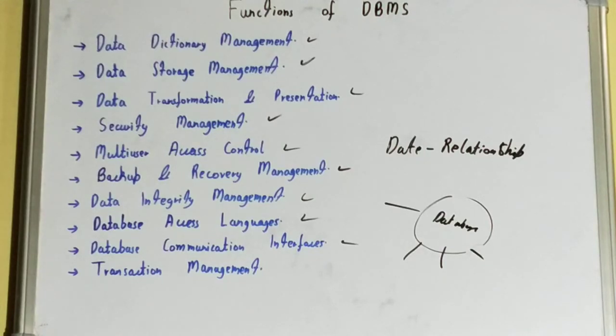It can be accessed on different platforms, like somebody accessing it on Windows, somebody on a Mac, or somebody on Google Chrome, and another person on Mozilla Firefox. So to ensure a proper interface, it is the work of your database communication interfaces. It provides different interfaces for different kinds of platforms.